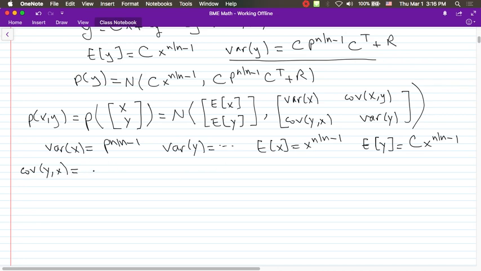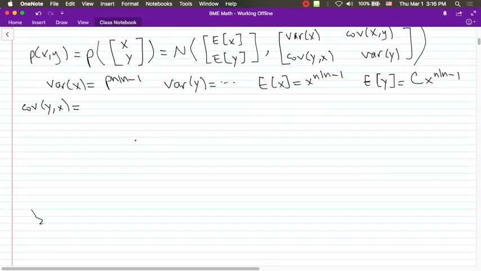So covariance of y and x, what does that mean? Covariance of y and x is going to be the expected value of y minus the mean of y times x minus the mean of x, transpose, close the expected value. So let's work this out.